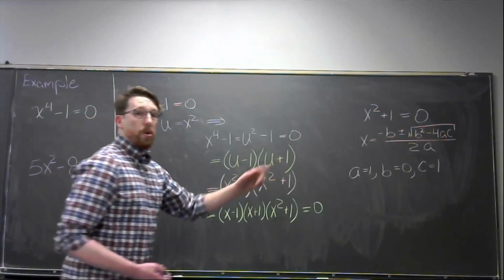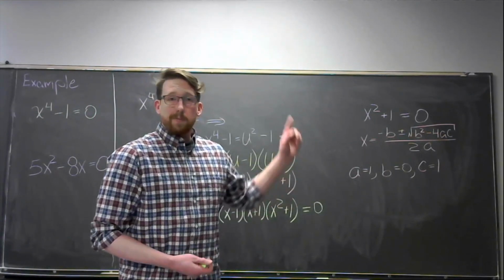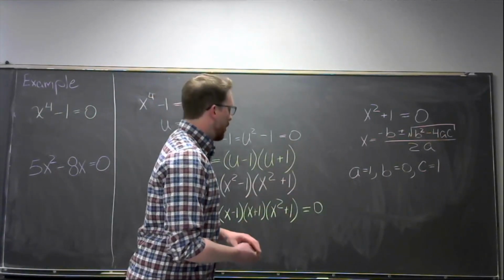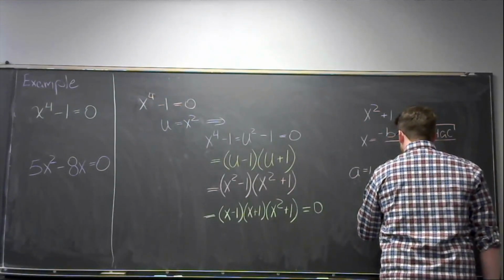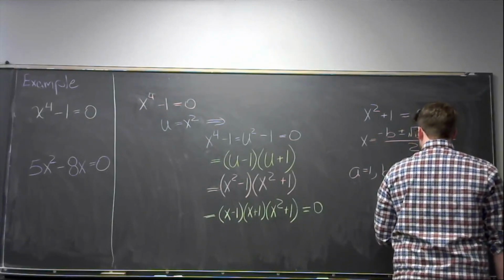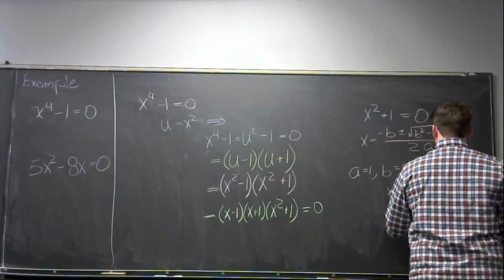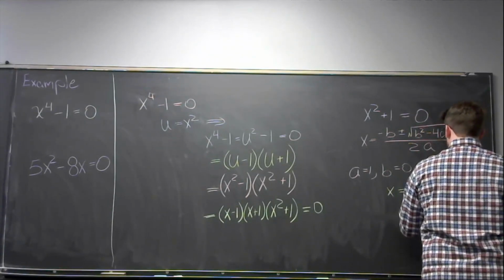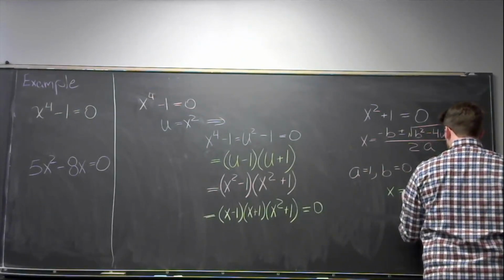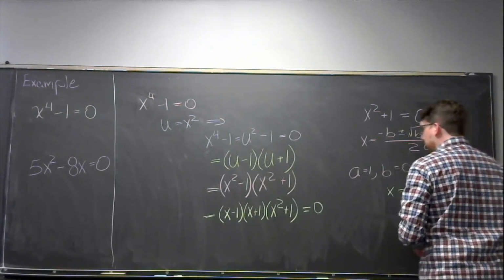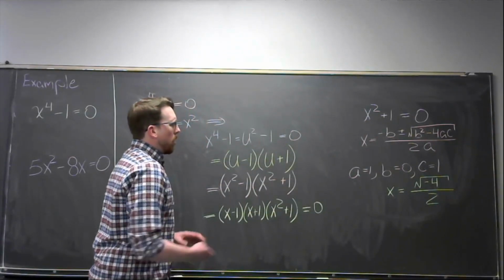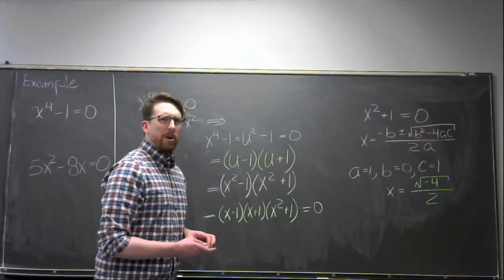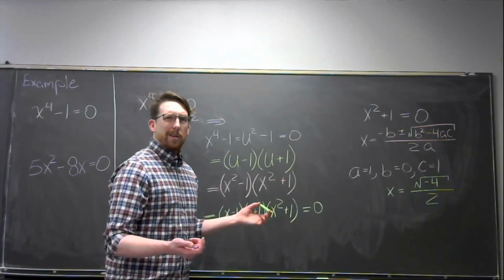So we can go ahead and apply now the quadratic formula. We can just put those through, right? What we're going to find is that x is equal to the square root of negative 4 over 2. Well, negative 4, the square root of that, it's just going to be 2i, right?